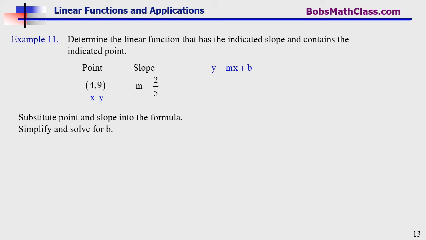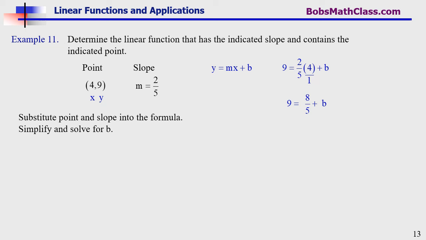We're going to simplify and then solve for b. So 9 equals 2/5 times 4 plus b. You can put a 1 underneath the 4, multiply straight across. So 2 times 4 is 8.